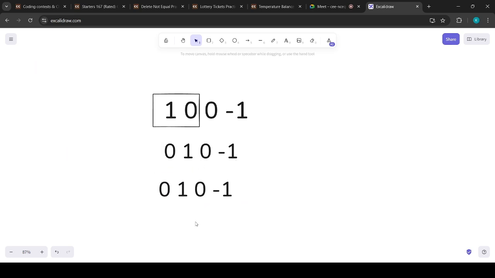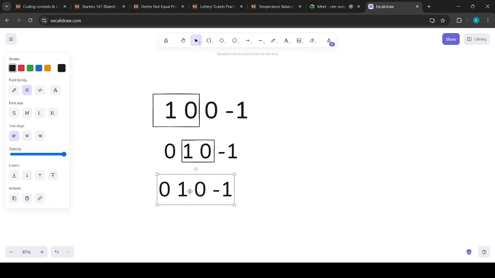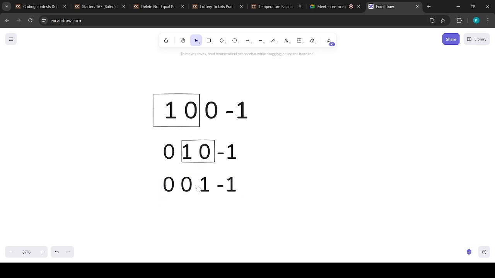So in the next step, if we consider the next two, then it will become 0 and it will become 1. So after 2 seconds, the third chamber is having 1 degree Celsius temperature and the fourth one is having -1.